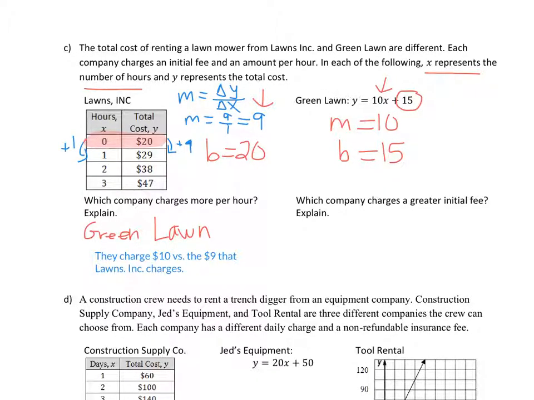Okay, that's our explanation. Which company charges a greater initial fee? So again, we're looking at our y-intercept this time. Lawns Incorporated charges $20 as an initial fee, and Green Lawn charges $15. So the company that charges a greater initial fee, that would definitely be Lawns Incorporated.